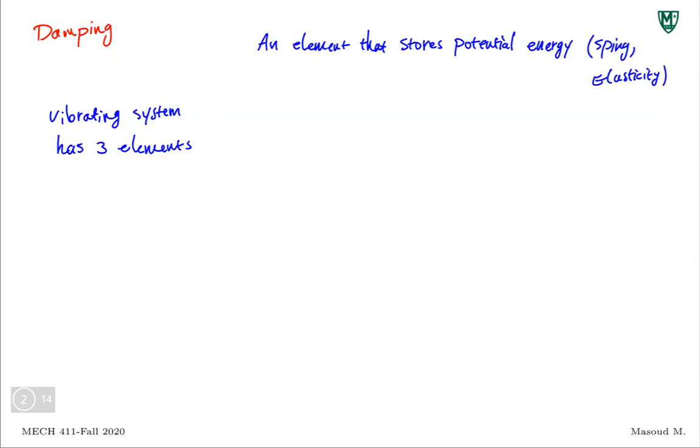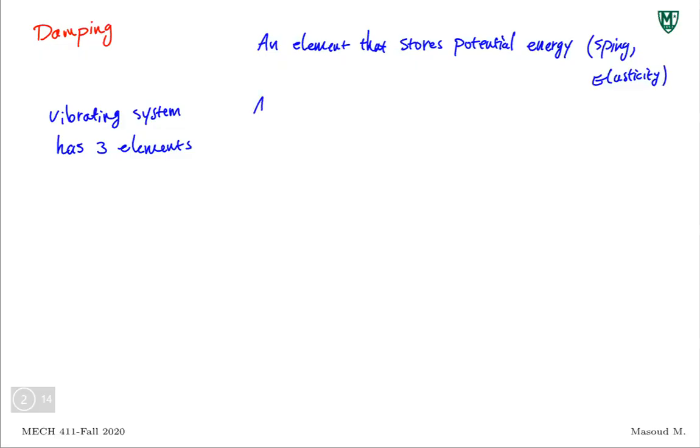Now, the second important element, as you can guess: in the spring mass system, we had a mass. In a pendulum, we had a mass. So the second element is an element that stores kinetic energy for the system.